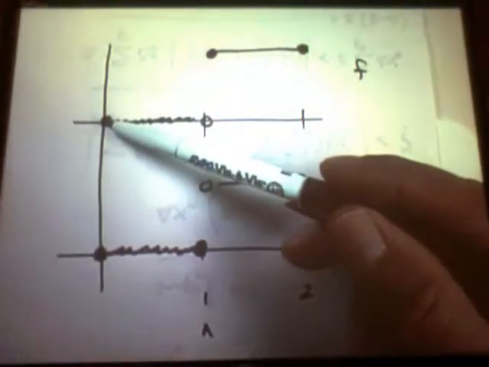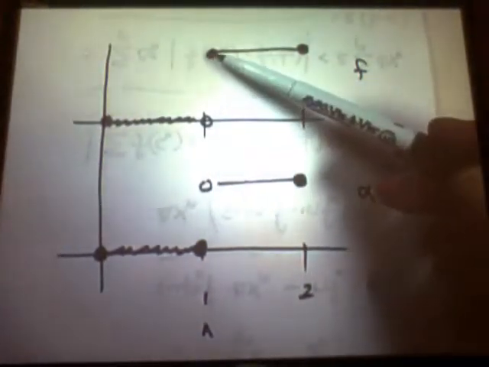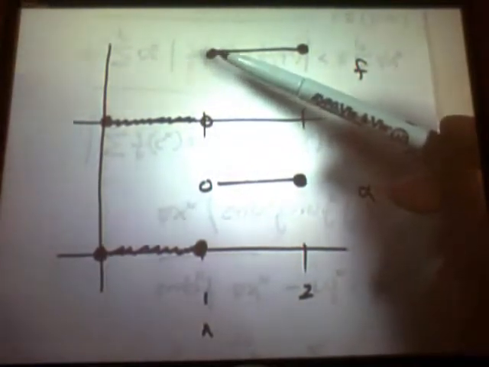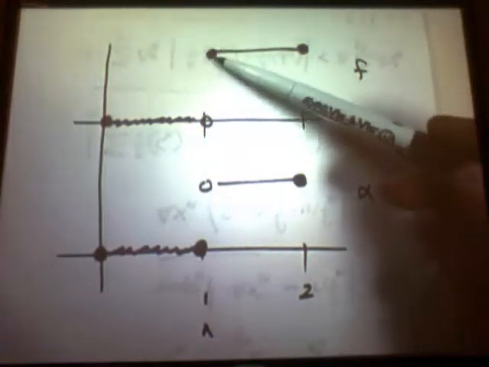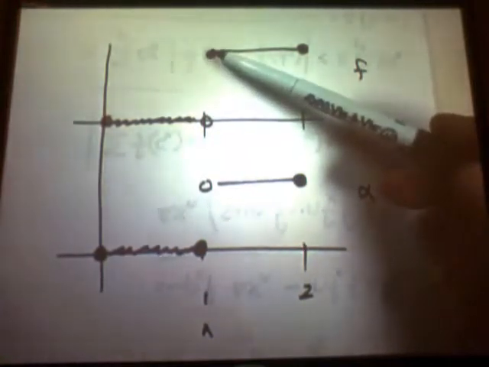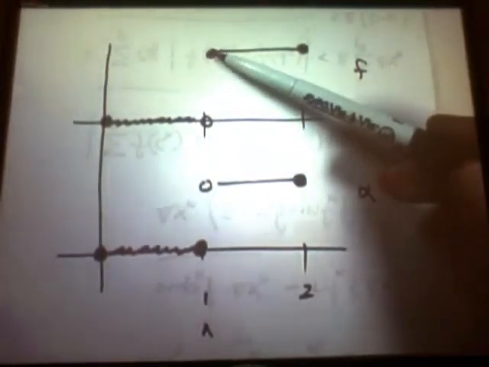And if you picked 1 to be the tag point, then f would be 1 unit high, but the delta alpha that goes with it is 0. So the contribution is going to be 0, right? No matter what. The delta alphas are all 0 and the f's are all 0.